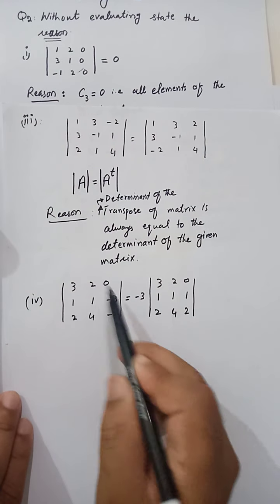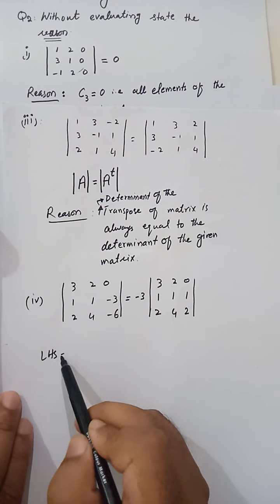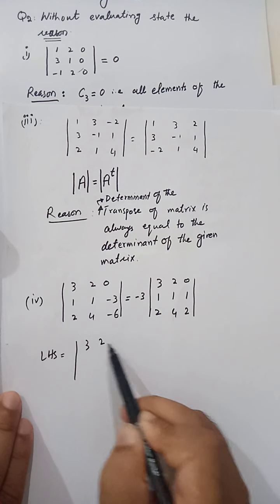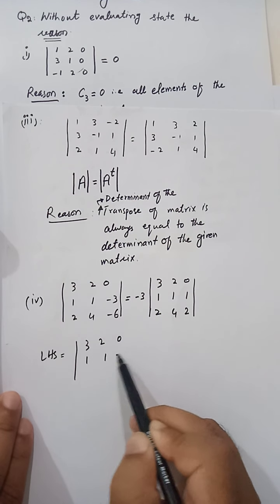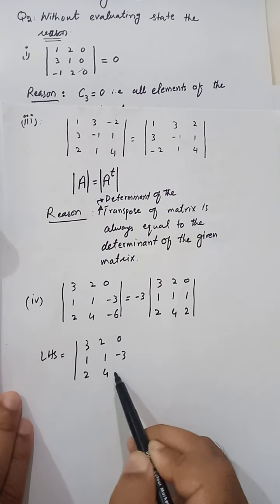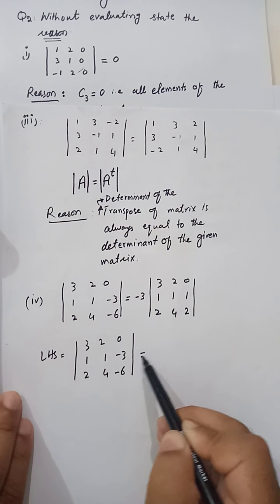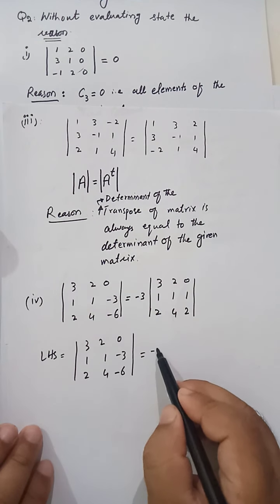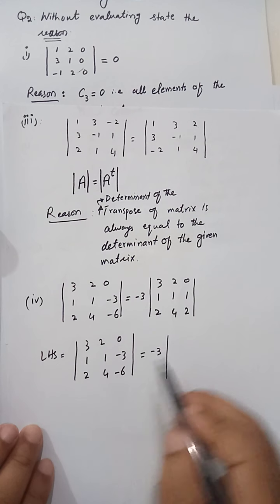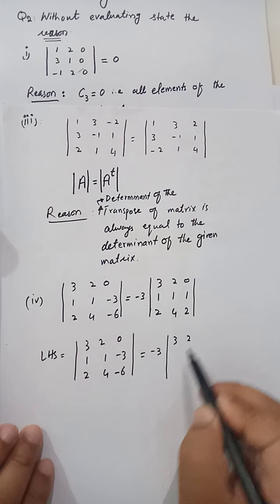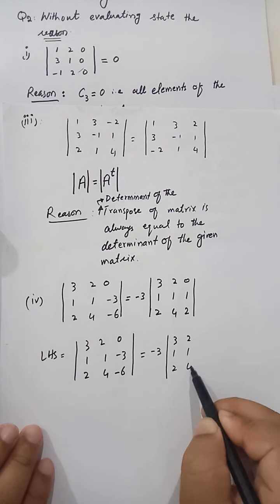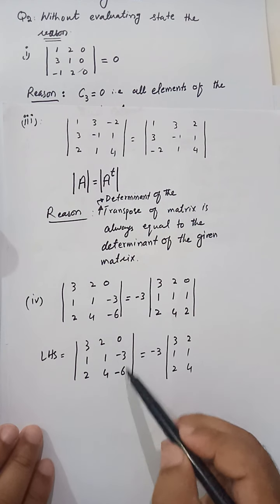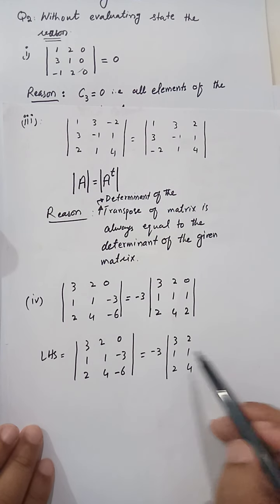Taking the left hand side, you know that you can take a common factor from any row or any column. If I take minus 3 common from the third column, the first two columns are written as they are.